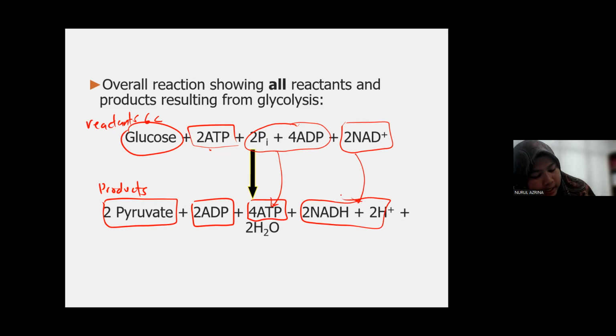Okay, so sekarang ni, Madam nak you all buat satu table. Now let's say we are talking about the process of glycolysis. Madam nak you all tulis apa produk-produk dia. Contoh kat sini ATP. So ingat ATP ni kena tulis dalam kurungan by substrate level phosphorylation.